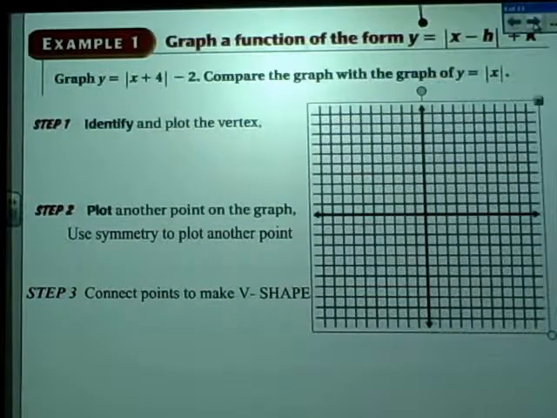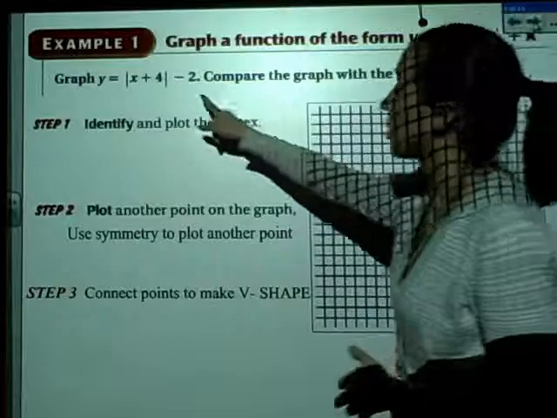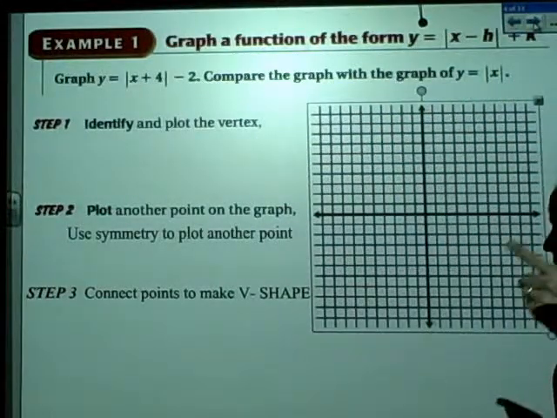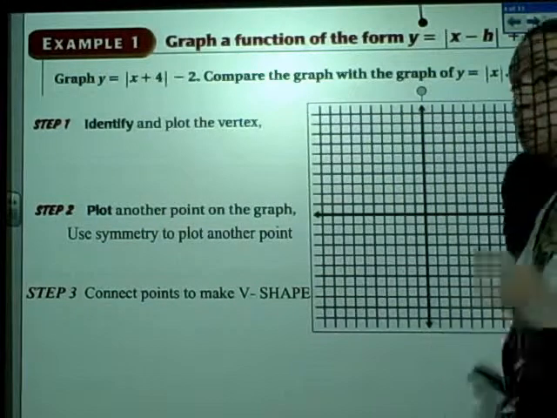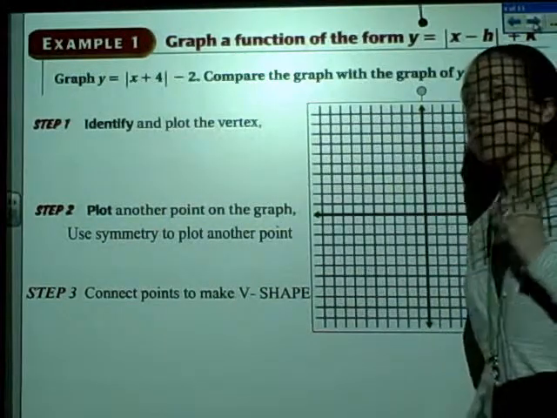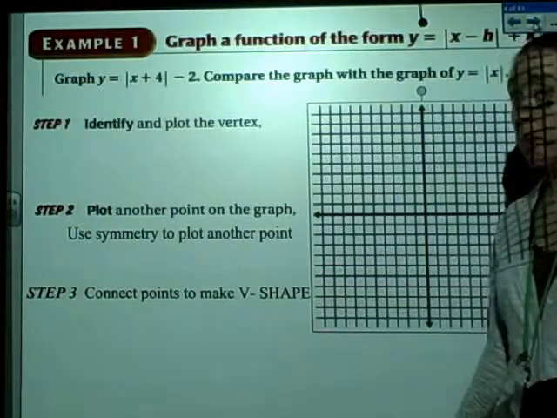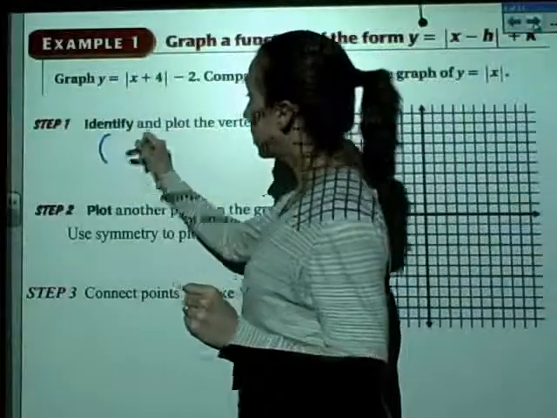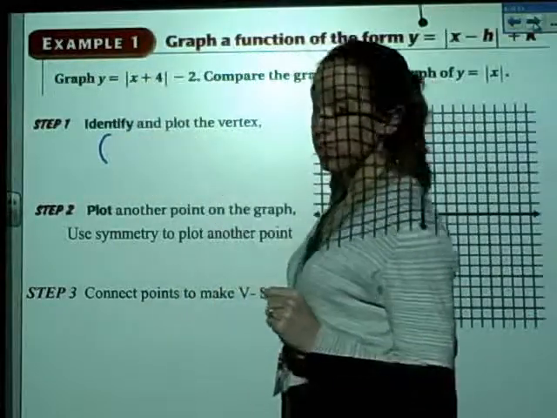Okay, now here's where we're going to start doing some stuff with it. We want to graph this function up here. You can see it's a little different than our parent function. First step is we want to identify and plot that vertex. And you know what's really cool is I'm going to look in the same spot as vertex form of a parabola to find this vertex. My x value is going to be whatever's next to x.